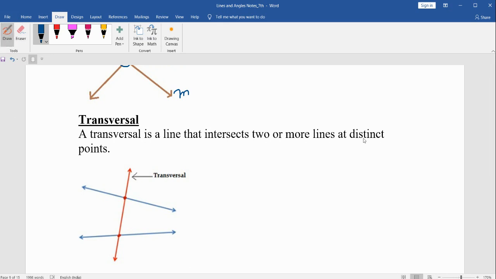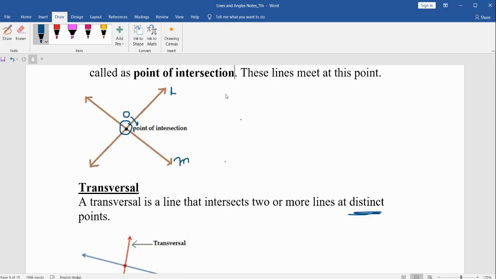Here you notice there is only one single point of intersection, lying on M and also on L. When we talk about intersecting lines, there is only one point of intersection.